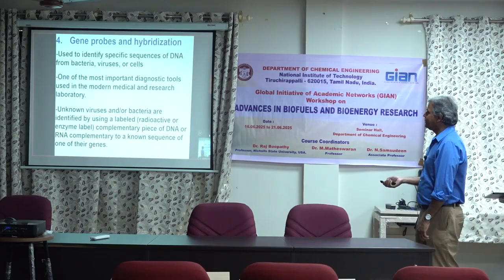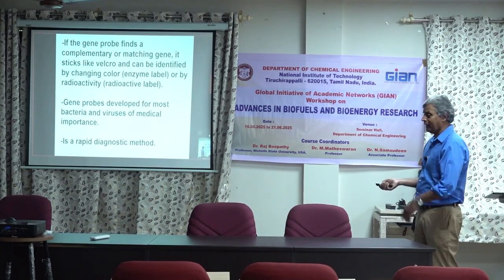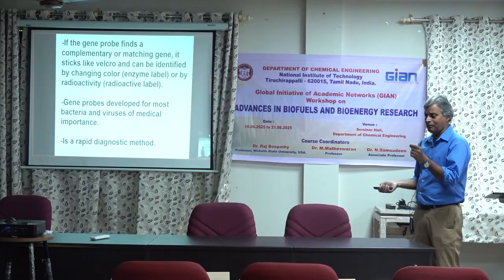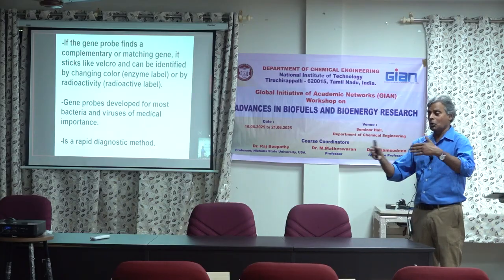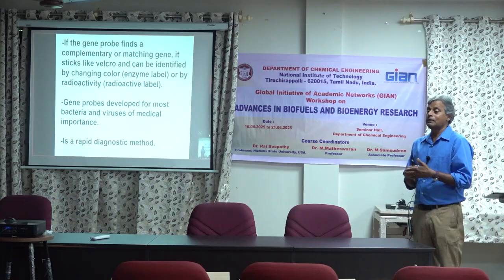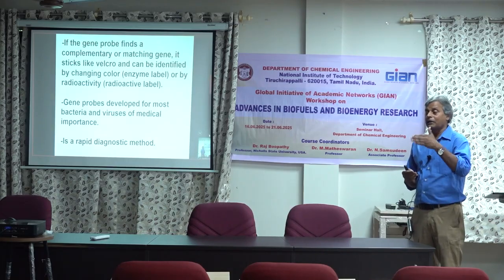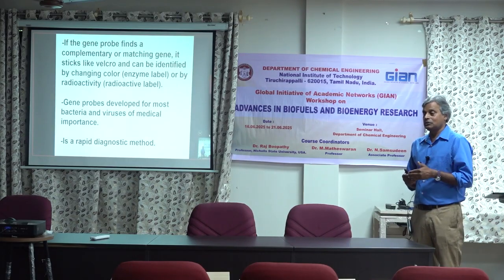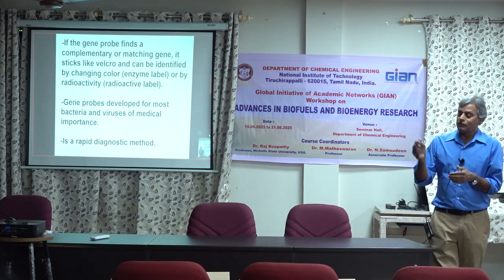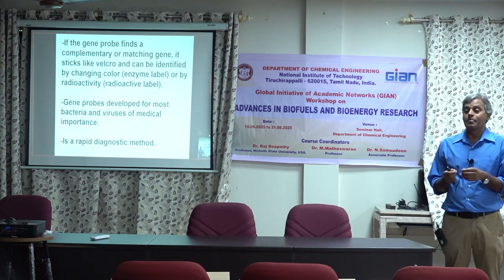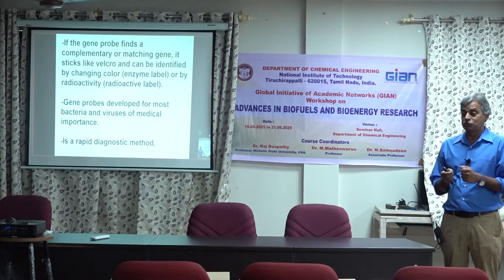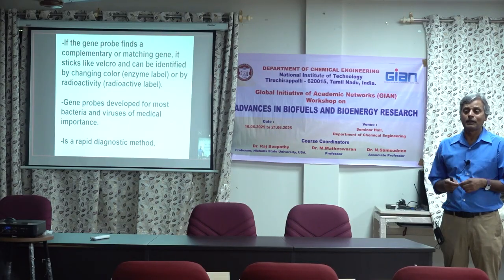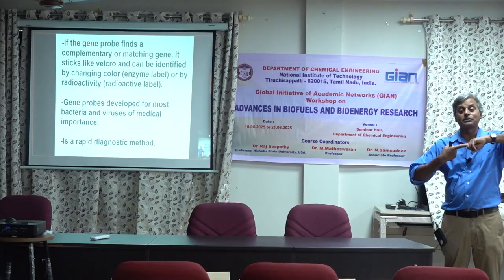Then gene probe hybridization. If you have a small piece of known primer, you can hybridize. If you have a whole sequence, it will hybridize with it, because A matches with T, right? C matches with G. So if you have a small piece of DNA at a crime scene, and you want to make sure somebody has the same gene as whoever committed the crime, you make the PCR reaction, put that in the test tube, and see whether it matches.